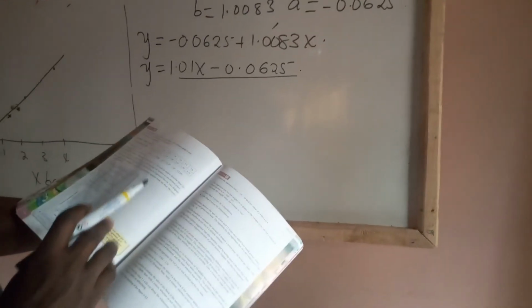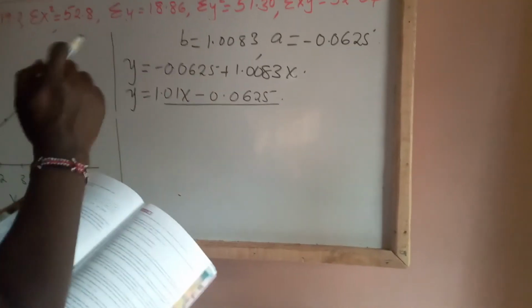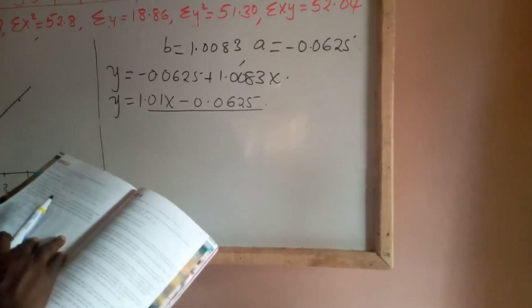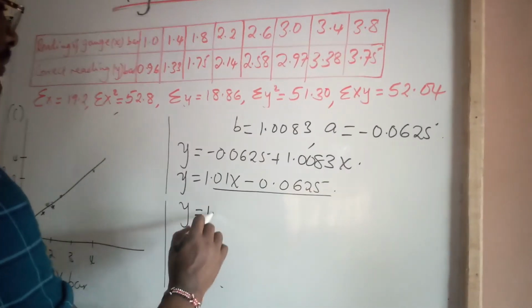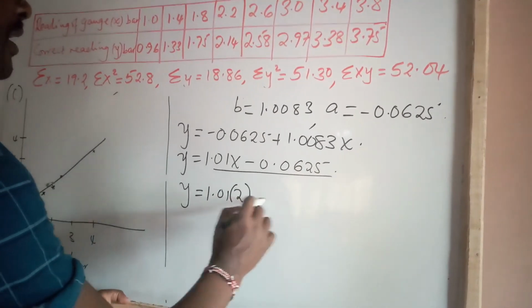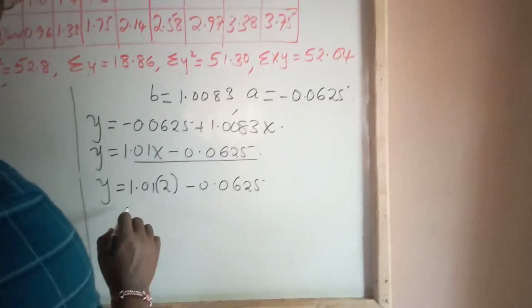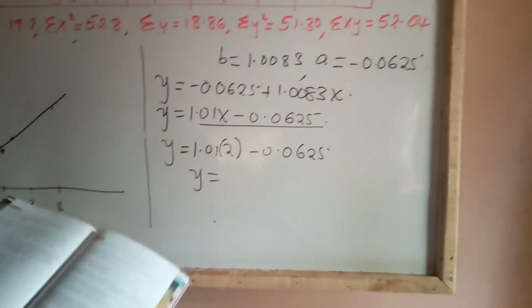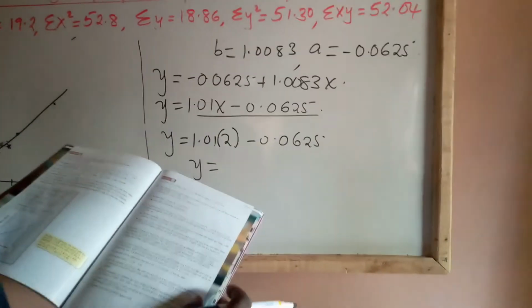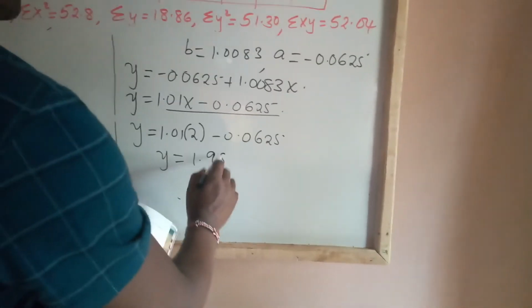So when the gauge shows a reading of 2 bar, using this equation, we work out the correct reading. The correct reading is y. So we have 1.01 times 2 minus 0.0625, and y gives a value of around 1.95.